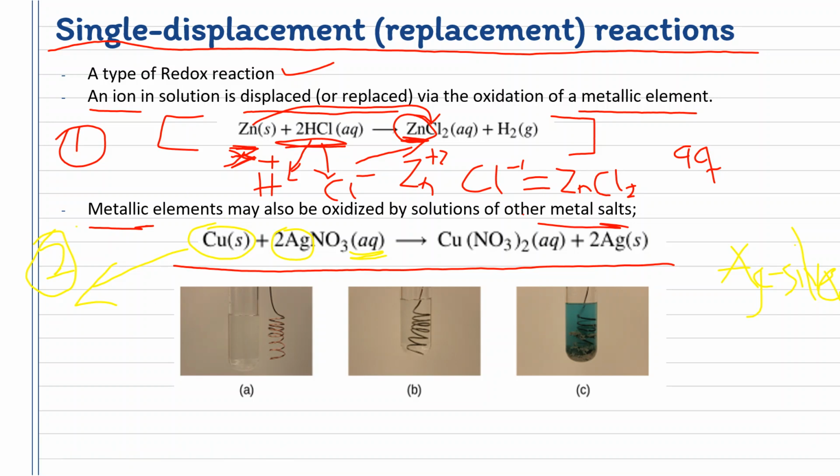Before we go into the chemistry, once again, I want you to look at these pictures. So in this picture, what do you see? Anybody? What do you see? I see copper. So this is copper metal. And I see this test tube with a liquid inside there. We're saying this liquid is silver nitrate. So this silver nitrate is what is inside here.